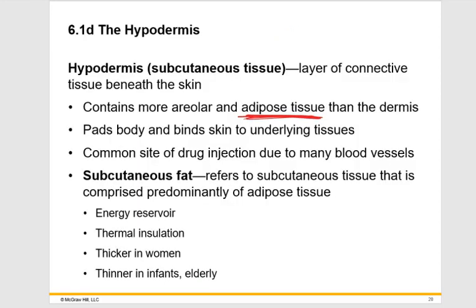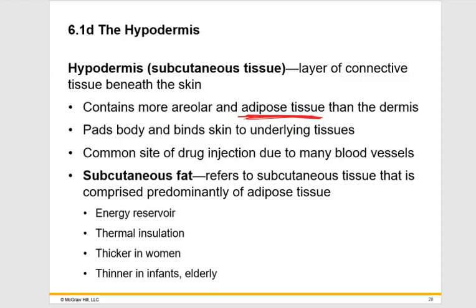So let's think about, as we go deeper in our skin, what is the function of those layers? The best answer I have for you is really, overall, to help connect the outer portions of the skin to the deeper layers of our body. But there's also some protection that goes on here.